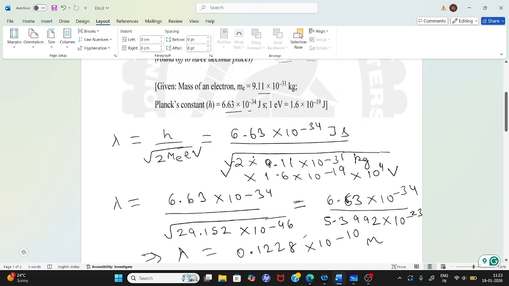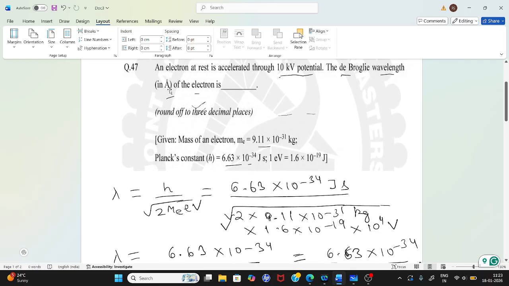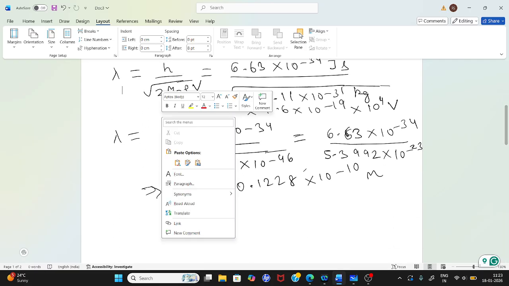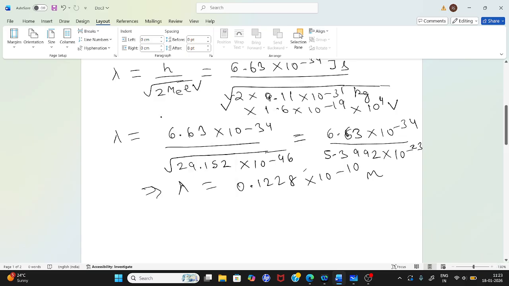The question says you need to mention the de Broglie wavelength in angstrom, and 10 to the power minus 10 meters is exactly one angstrom. So lambda is approximately 0.122 angstrom.